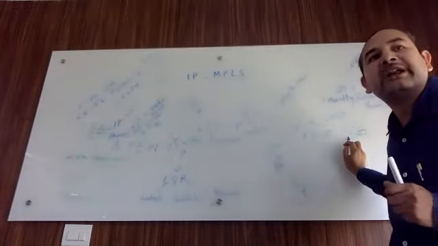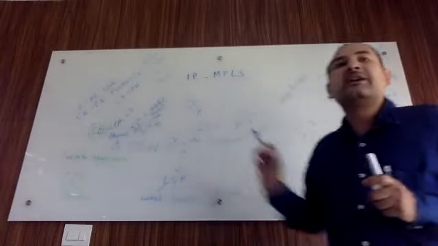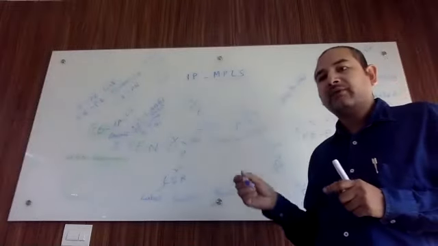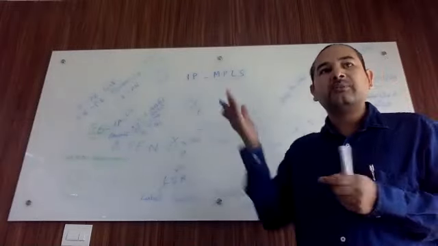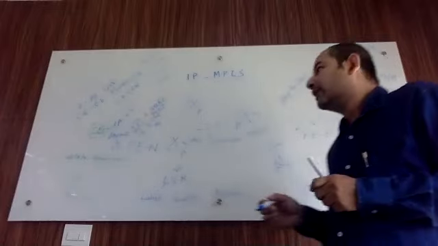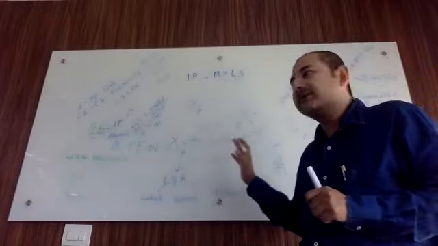It doesn't understand MPLS. MPLS starts from the provider network. So the PE router is either imposing or removing the label, and MPLS starts from the PE router. So this is about MPLS.